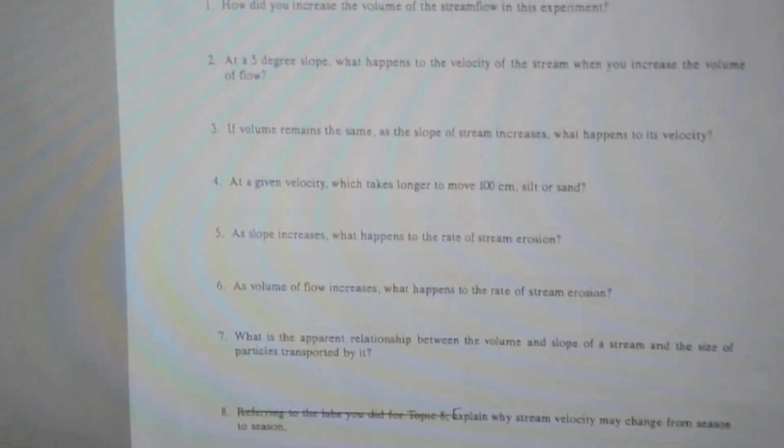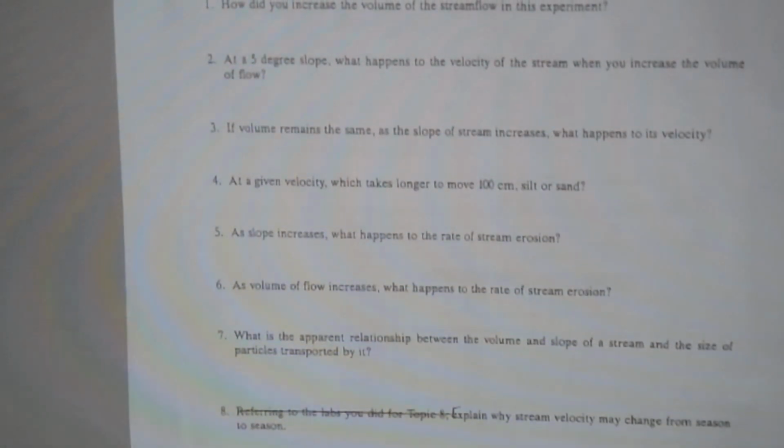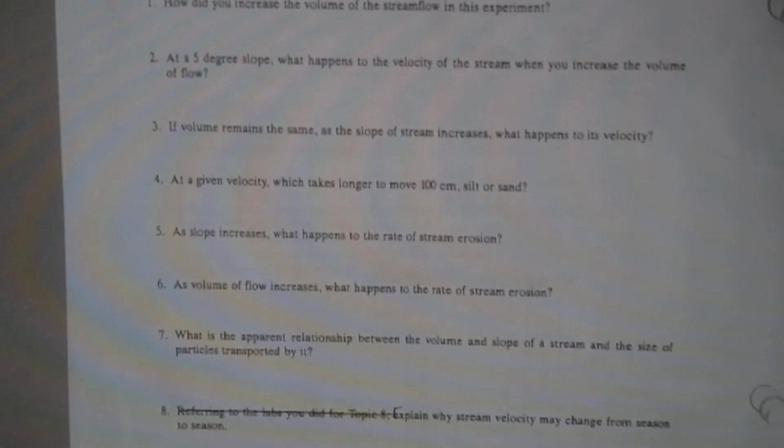Number 3, if volume remains the same as the slope of the stream increases, what happens to velocity? So I'm going to look at your data again, at the low for 5 degrees, 10 degrees, and 20 degrees, and see what happens to the velocity.